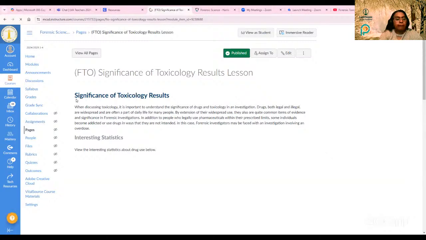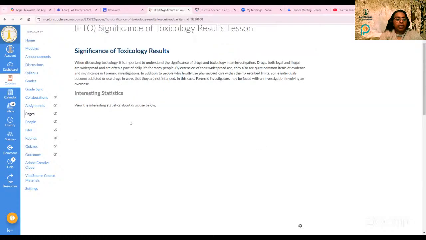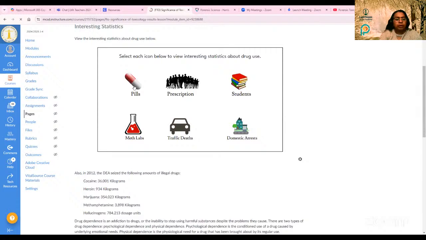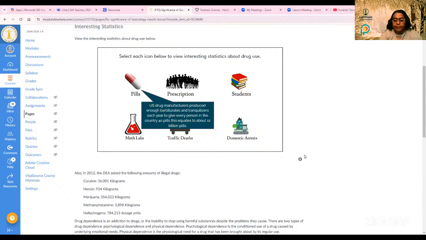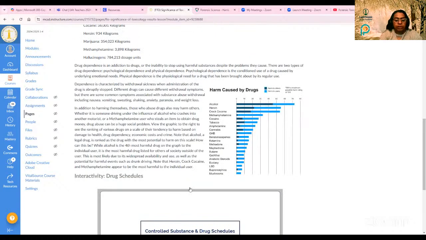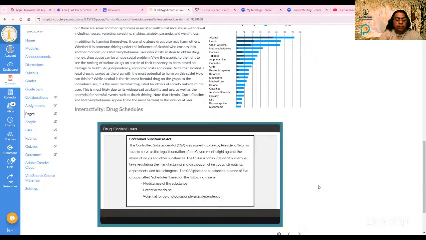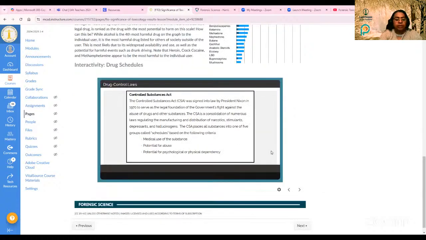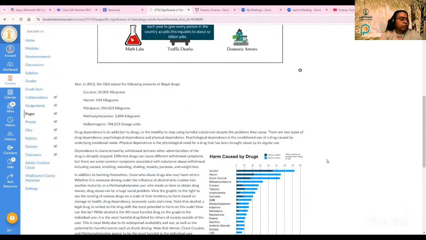I also want you to read the significance of these results, and then go through this one. So do a little reading today. Go through these, and I will have an activity for you in a few.